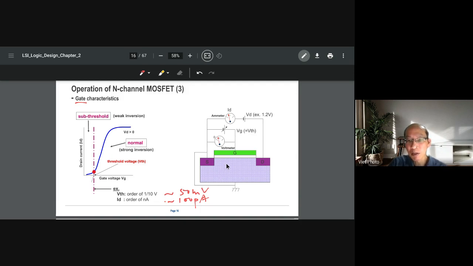When we dope more impurity, the leakage is increased. But because you reduce the voltage applied to the drain, the leakage is reduced. They also have a process to make the leakage current smaller.